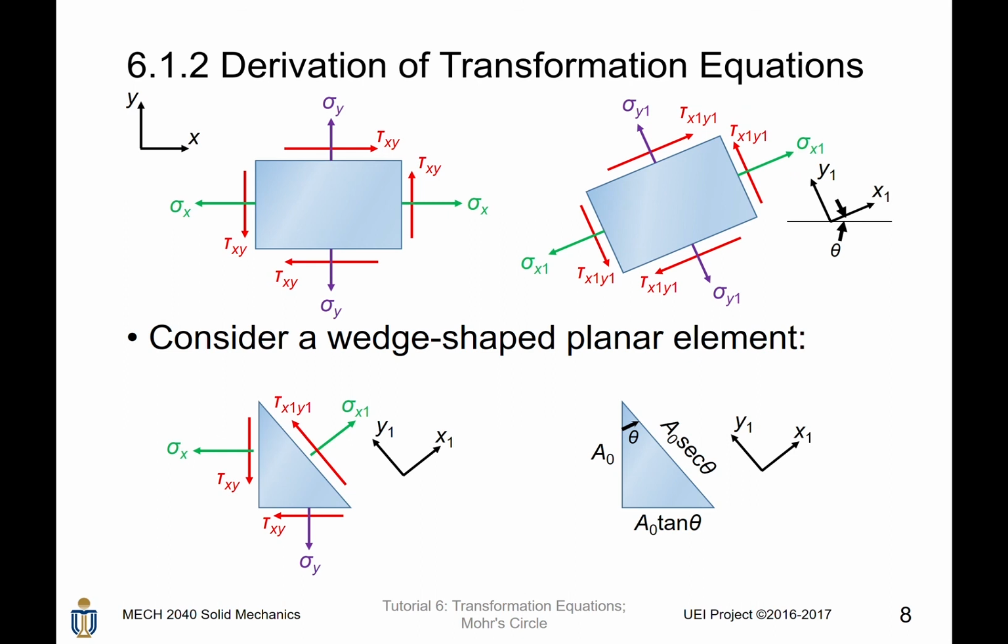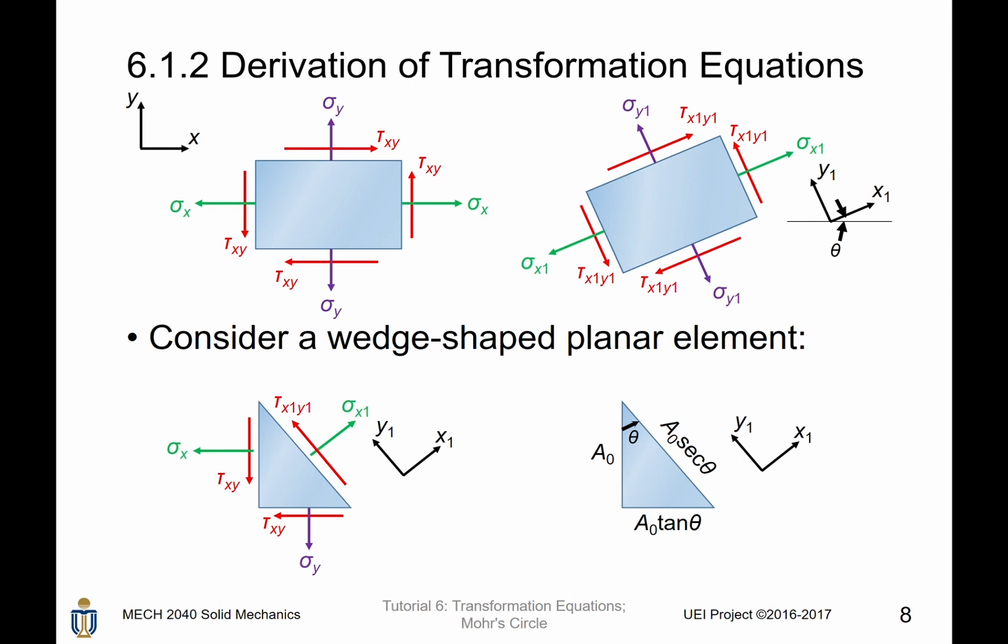But we will change the notation a little bit because there will be changes inside it. For the 2 pairs of direct stress, we name them sigma x1 and sigma y1 respectively, while for the shear stresses inside the stress element, we call it tau x1 y1.